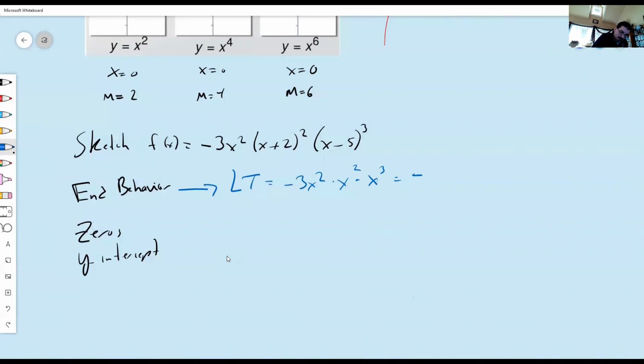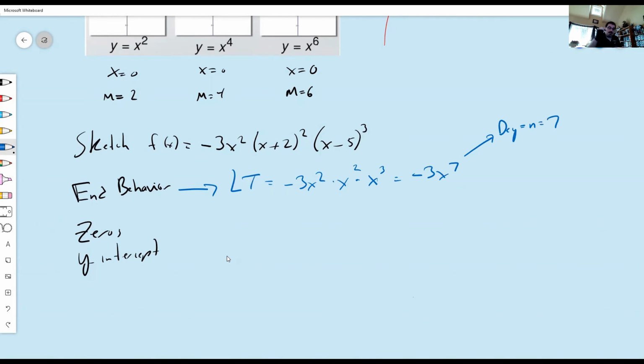So our lead term is minus 3x to the 7th, which is odd degree, or n equals 7.